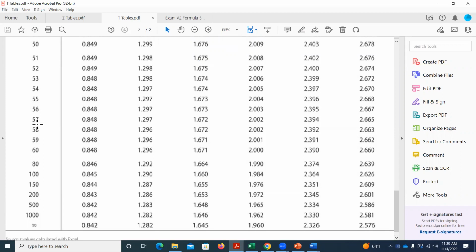But you'll notice that to the second decimal, even at a degrees of freedom of 500, I'm only off at the third decimal from my standard normal values, right? We said as we get higher and higher degrees of freedom, these student t distributions are a closer and closer approximation to the standard normal. So that's why to the second decimal, the values don't look any different. They both round to the same second decimal here.